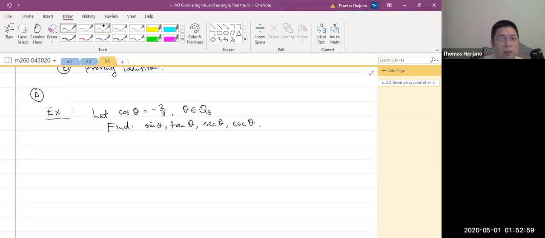Idea, the first step, we'll find the ratio in a right triangle.